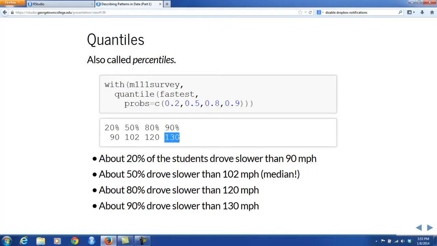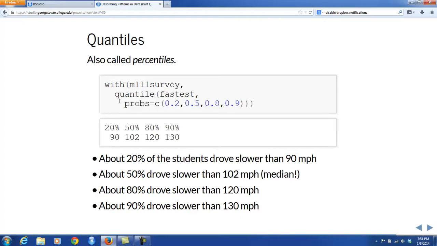And we would say that the 90th percentile of fastest is 130, meaning that about 90% drove slower than 130 miles per hour. Of course, you can think of things a little bit reversed. You could say such things as about 10% drove faster than 130 miles per hour. Or you could say about 80% drove faster than 90 miles per hour. But that's how percentiles and quantiles work.